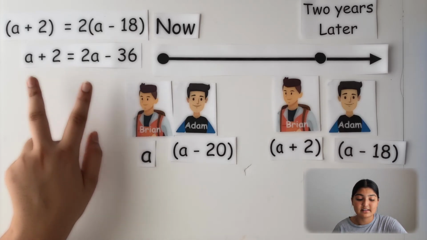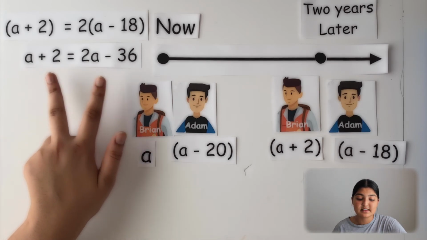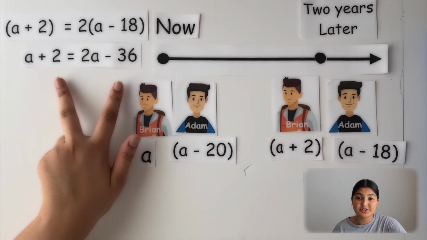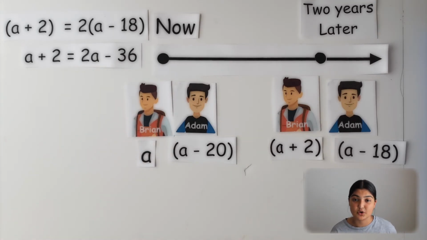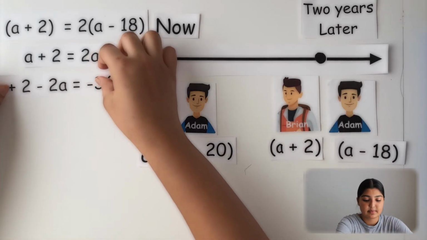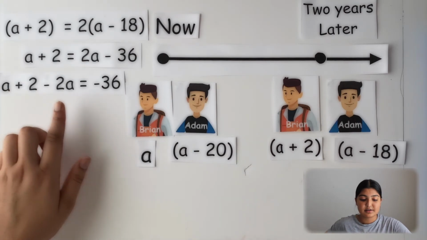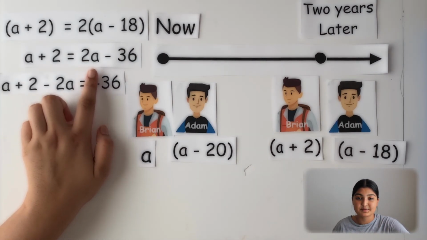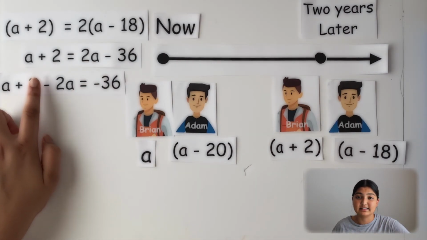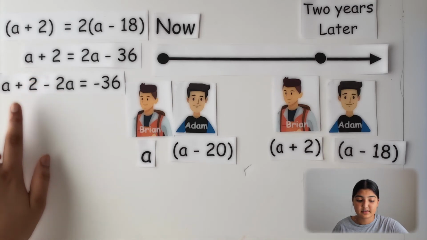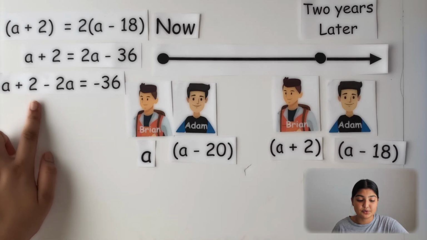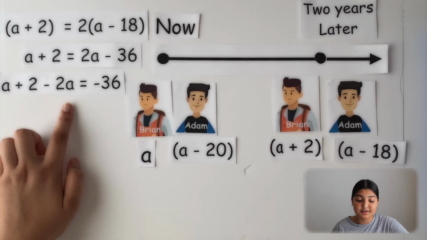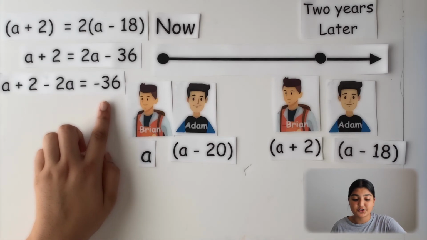Now let's bring the variable terms on one side of the equation and the constant terms to the other side of the equation. So we can start by bringing 2A to the left side of the equal sign. This gives us A plus 2 minus 2A is equal to negative 36.